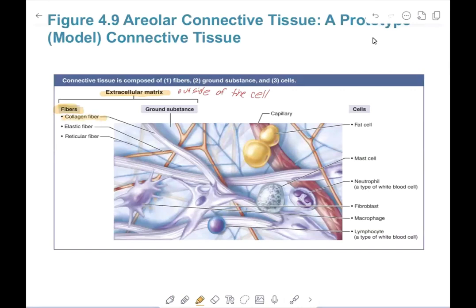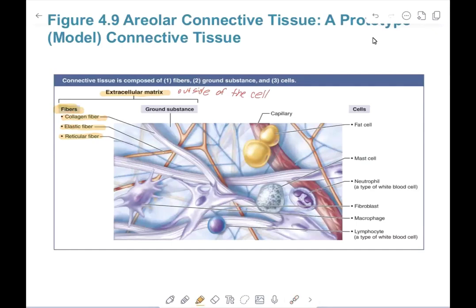There's a collagen fiber, an elastic fiber, and a reticular fiber. And not all types of connective tissue are going to have all three types of fibers. It's going to depend on that specific type of connective tissue. And when you are naming the type of connective tissue, you want to consider those three different types of fibers.